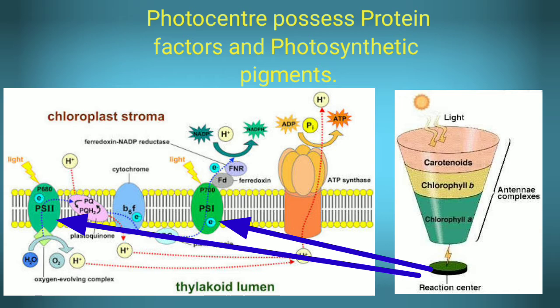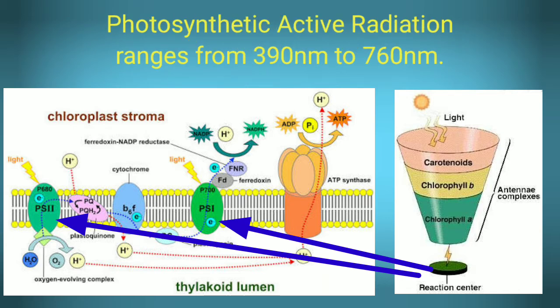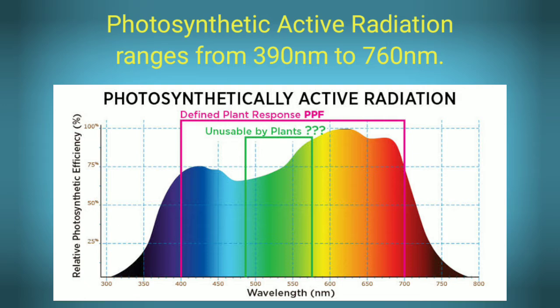As you know, in case of photosynthesis, light energy is always required in a particular wavelength, and this wavelength ranges from 390 nanometer to 760 nanometer, which we normally call photosynthetically active radiation.